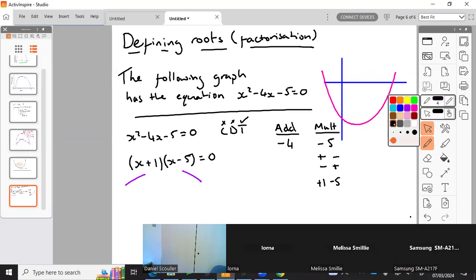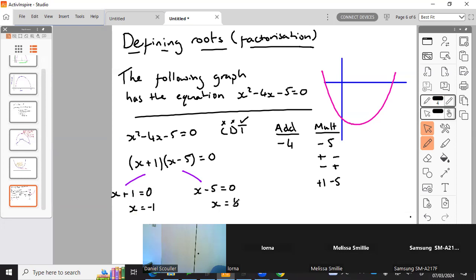I always say x plus 1 is equal to 0, so x is equal to -1. x minus 5 is equal to 0, so x is equal to +5. So I'm changing whatever I've got there and making it equal to x. That +1 goes to the right-hand side and becomes -1. That -5 goes to the right-hand side and becomes +5.